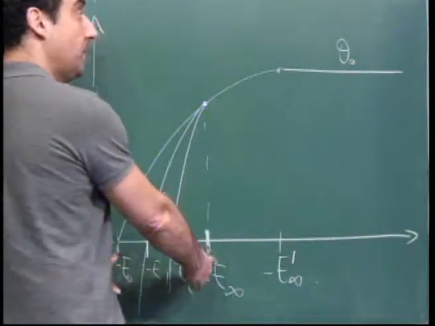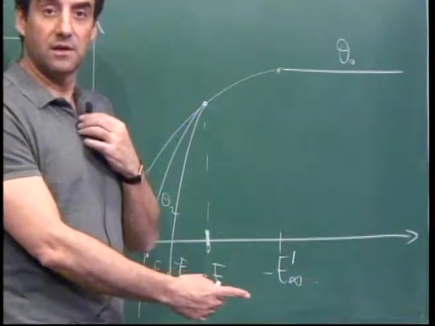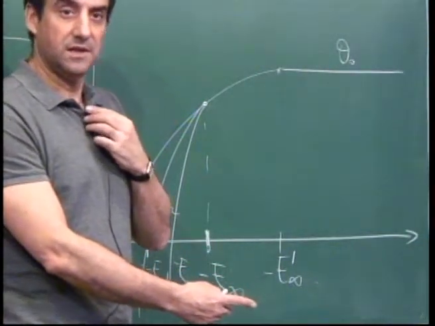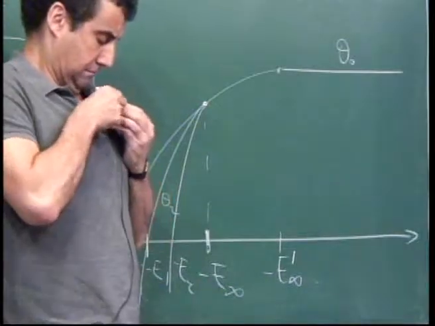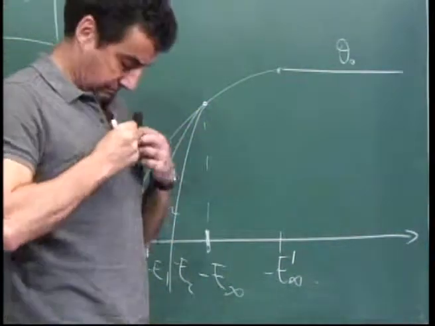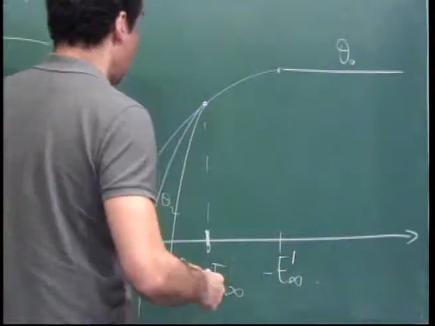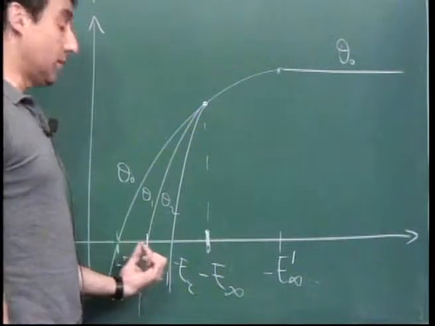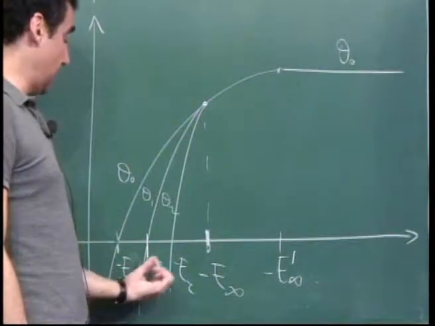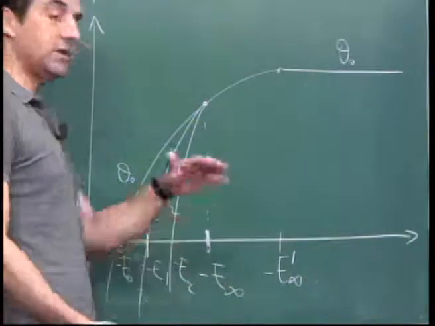So all the local minima are between negative NE0 and negative NE infinity. So this is very deep again.